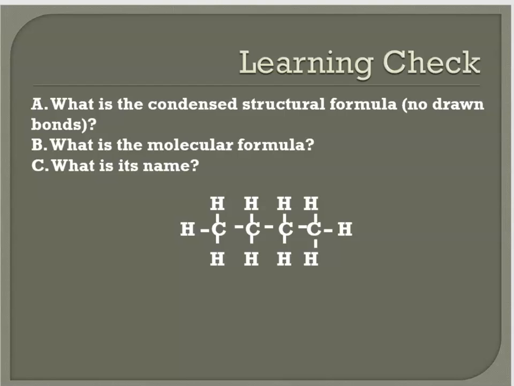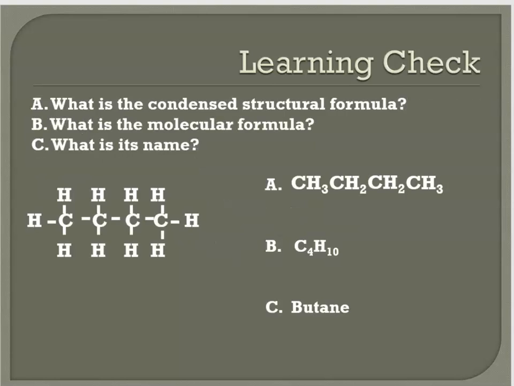All right, so hopefully you've unpaused and actually thought about this before just going on. The condensed structural formula is listed here below. We've basically taken the bonds out and listed the groupings of components together.